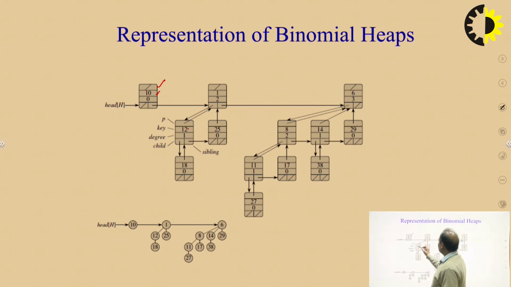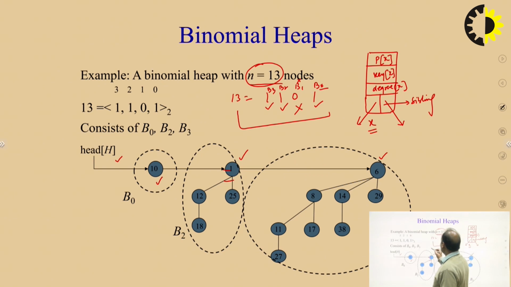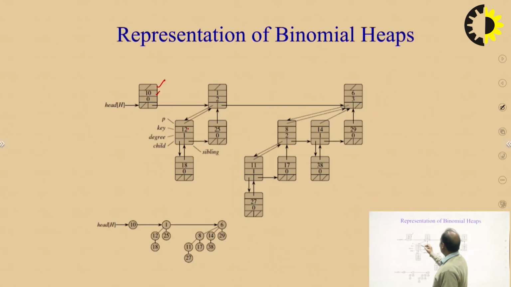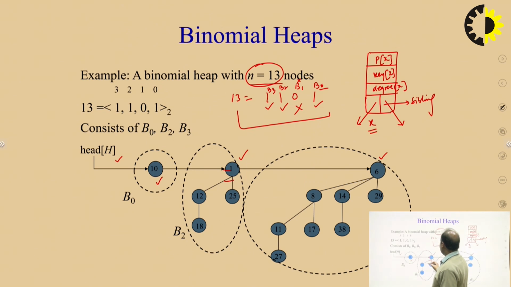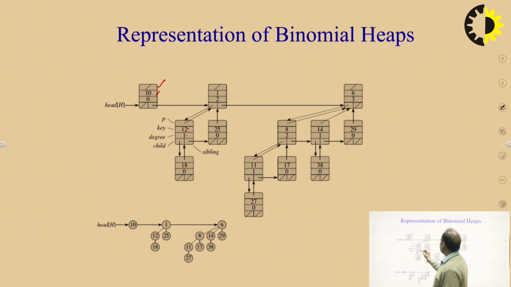You can reach this sibling via this only. You cannot reach this sibling from the parent directly. You have to go via the child and connect via the sibling.